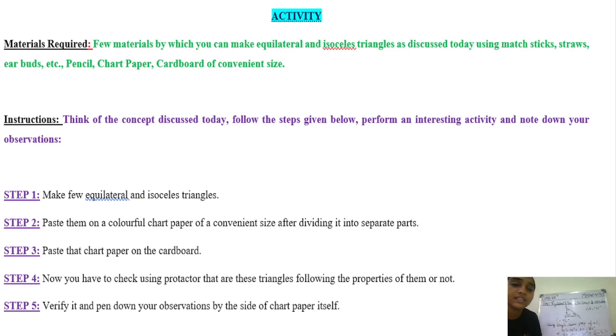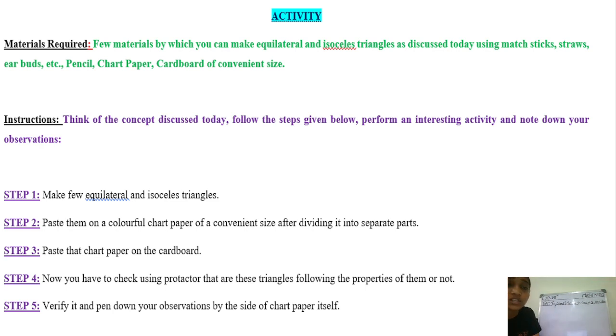Okay, follow these five steps I have written, and then pen down your observations. Okay, make a few equilateral and isosceles triangle, and then you can paste them on the colorful chart paper after making with them. Okay, use your creativity.